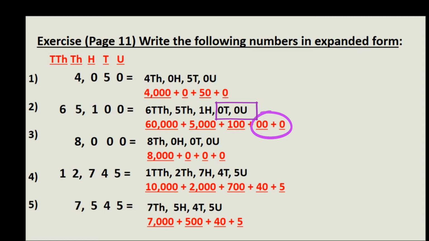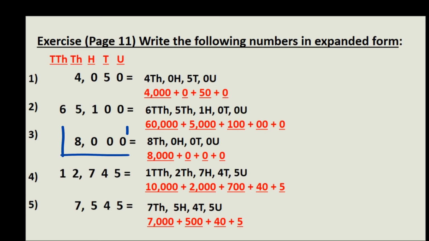I repeat again, 65,100. The expanded notation is 60,000, 5,000, 100, 0 plus 0. This has to be written in addition form, which is the expanded notation of 65,100. Children, please don't forget to write the plus signs in between these place values.